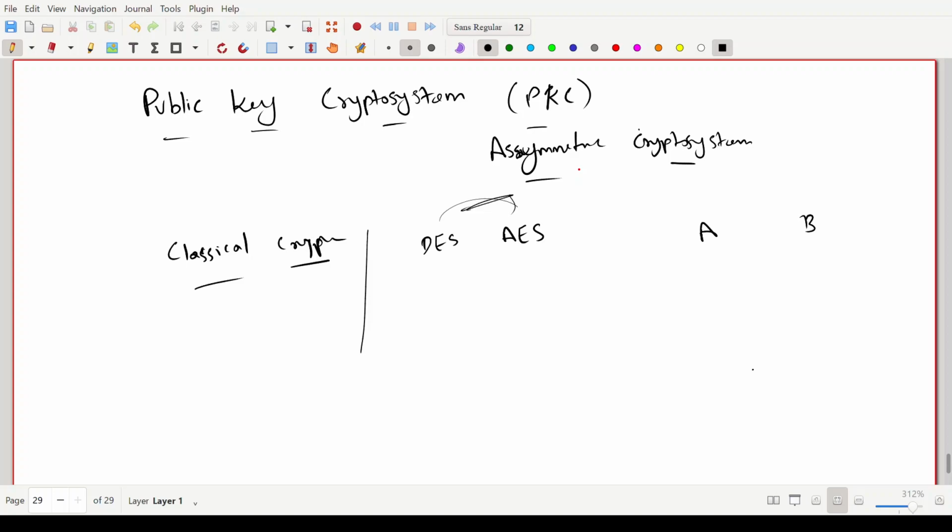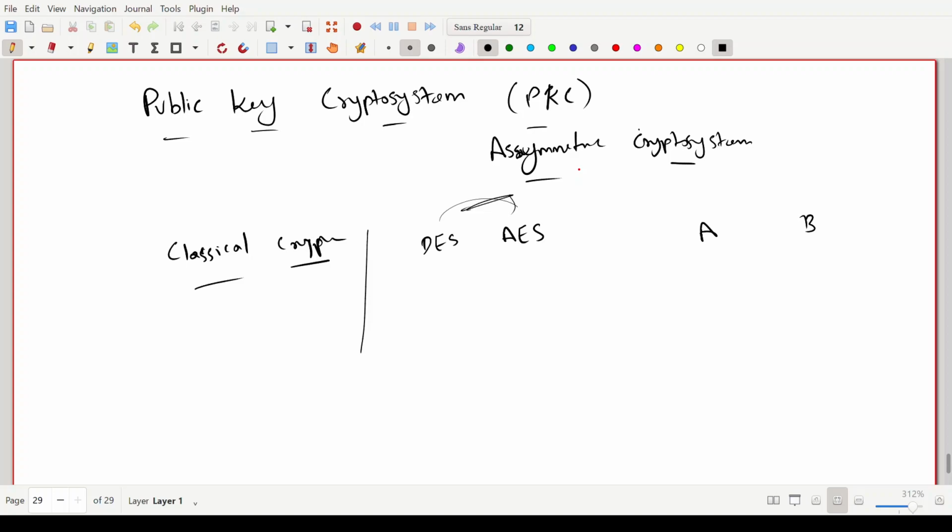It is very slow. We'll be coming to the security analysis also, why we don't use PKC for the encryption of messages, because first of all it is not efficient, and then the size of the keys and the size of the ciphertext will be very large. So that is a problem.